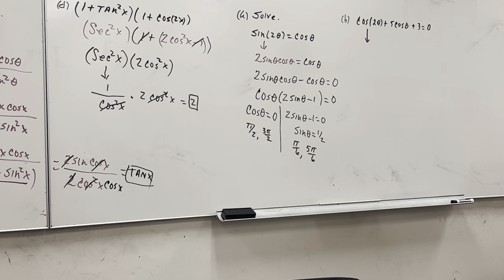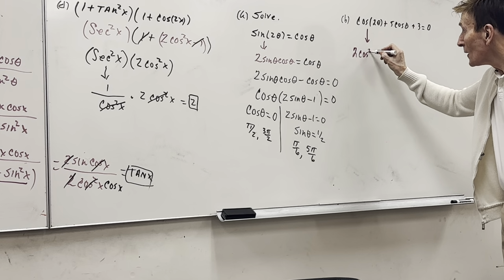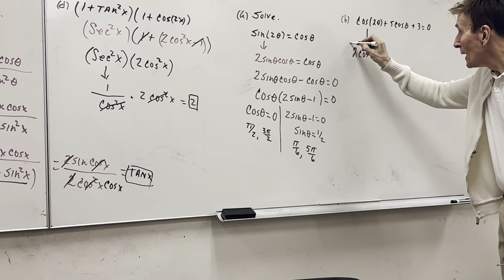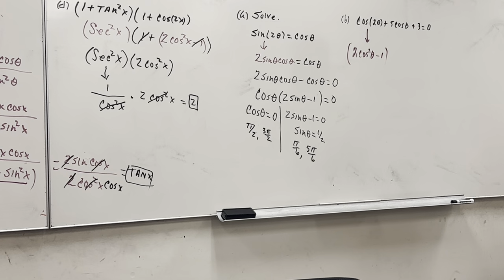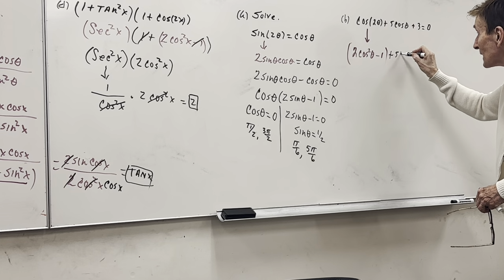Now, which one should I use, because this one has 3 versions. 2 cosine squared theta, subtract 1, and leave the other like this.